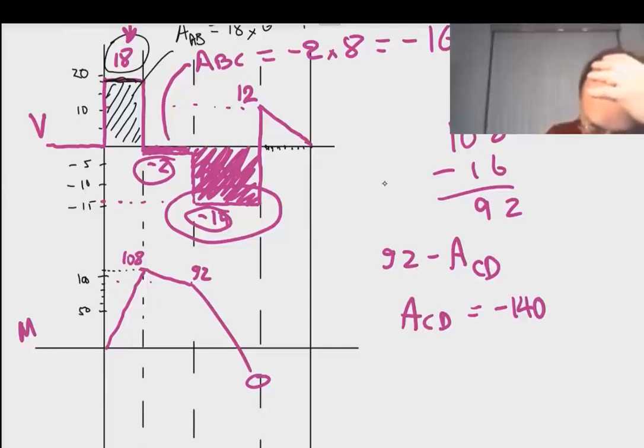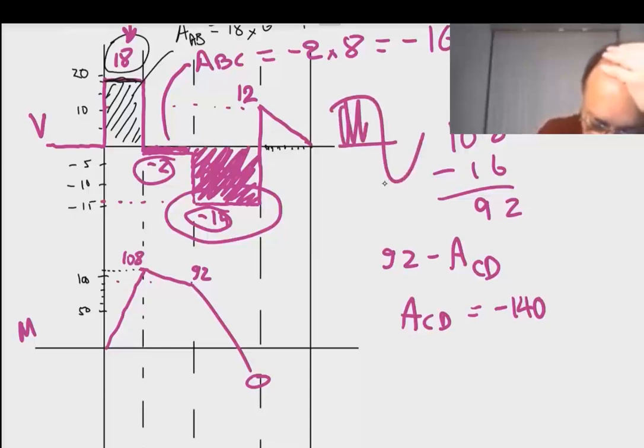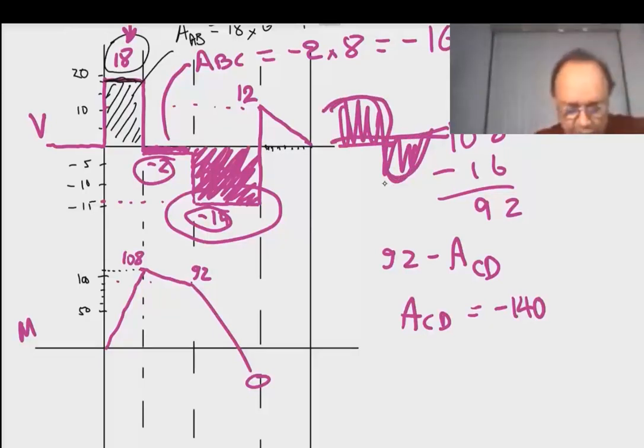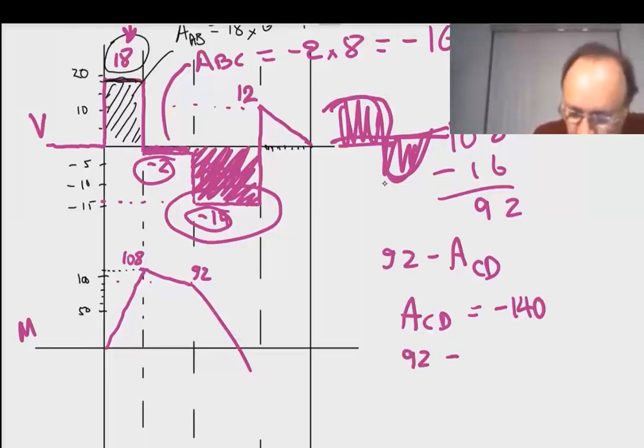No, the moment diagram at any given point is the total area under the shear diagram. And the total area is measured from the axis to wherever the graph is. So it's all this area, from the axis to wherever the function is located. So here we get 92 minus 140.